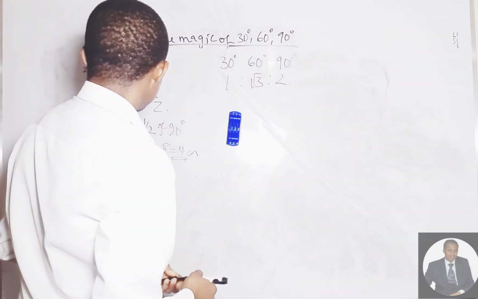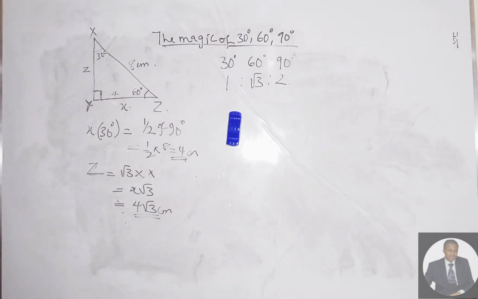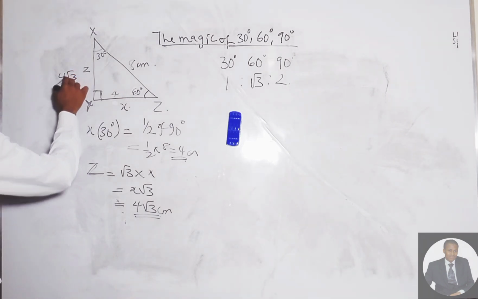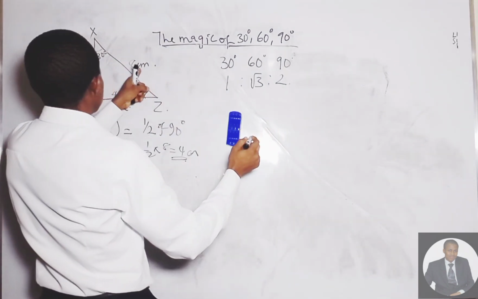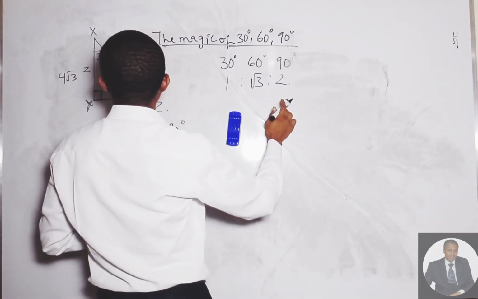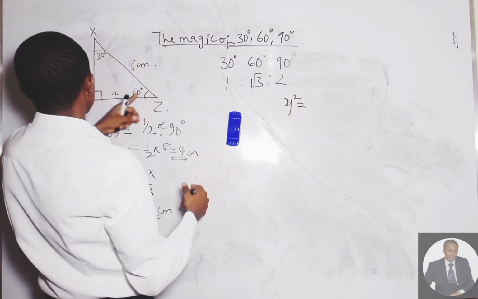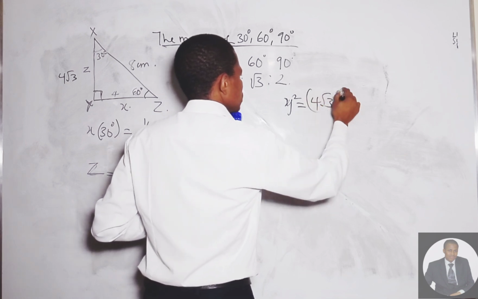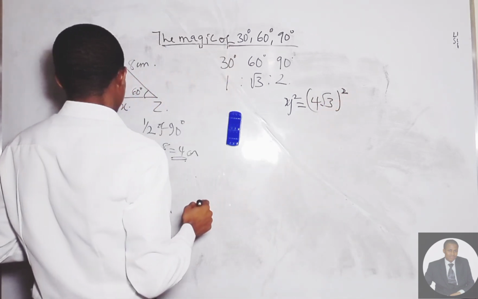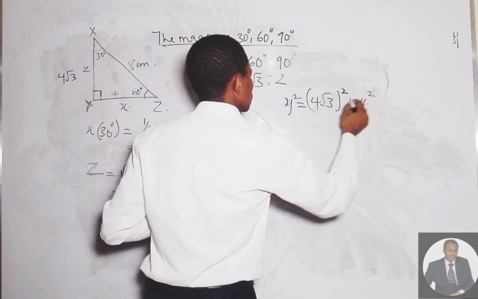We could say we want to confirm if our answers are right. If our answers are right, let's put this as 4 root 3 and this 4. So the hypotenuse, let's assume we don't know the hypotenuse. The hypotenuse y squared, which is 8, but let's assume we don't know, equals 4 root 3 squared plus 4 squared.